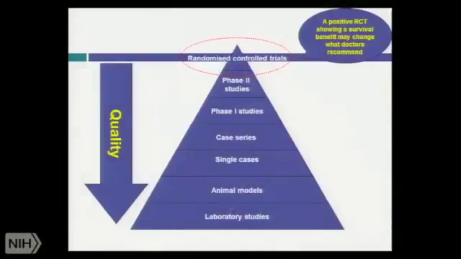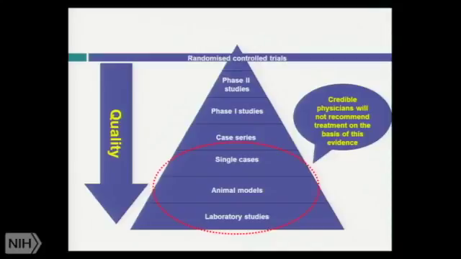So a positive randomised controlled trial showing a benefit, showing that people live longer when they're on the new drug, may change what doctors recommend, may change what the FDA approves and what is generally reimbursed. Credible physicians will not recommend treatment on the basis of laboratory studies, animal models or single cases.